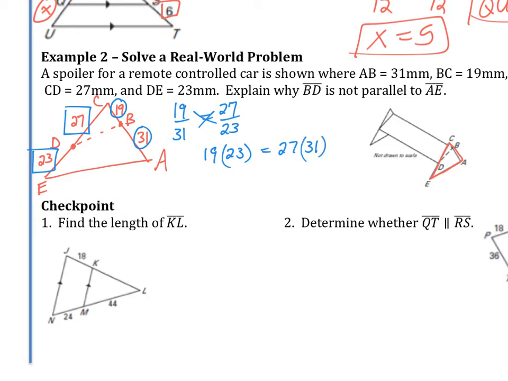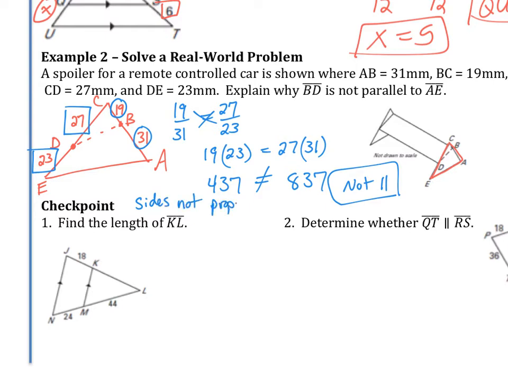So when we cross multiply, 19 times 23 is 437. And 27 times 31 is 837. So we can see that these are clearly not equal. So if they are not equal, that means they are not parallel. So we'd say not parallel, because the sides are not proportional. So that's our reason why. The sides are not proportional, so therefore we know that the lines are not parallel.